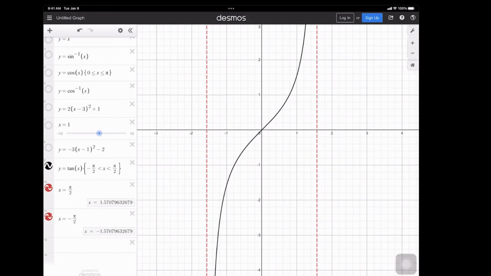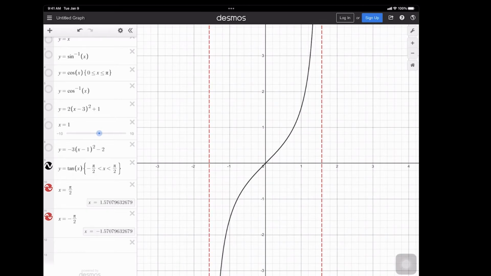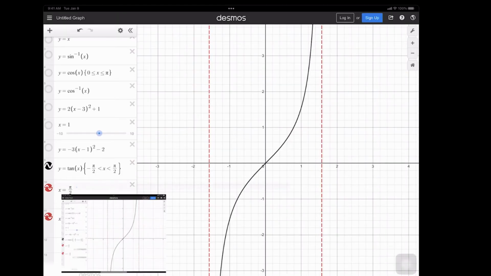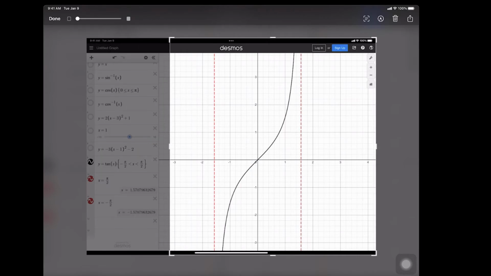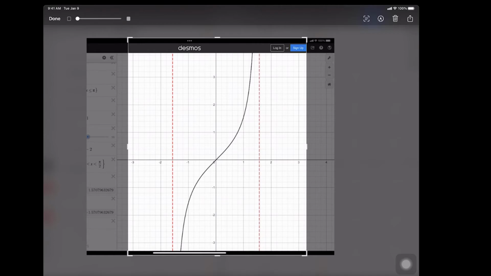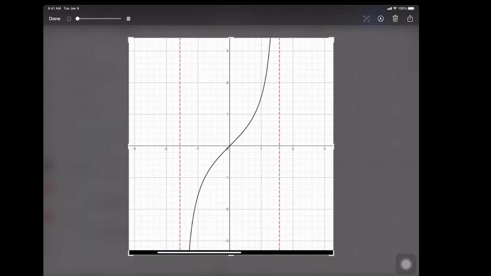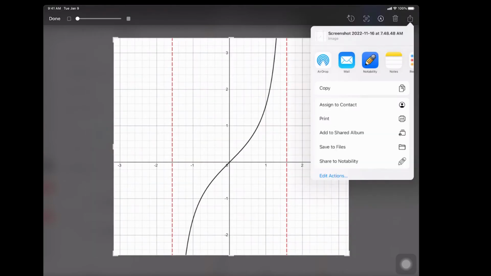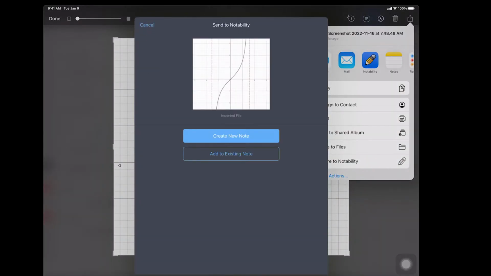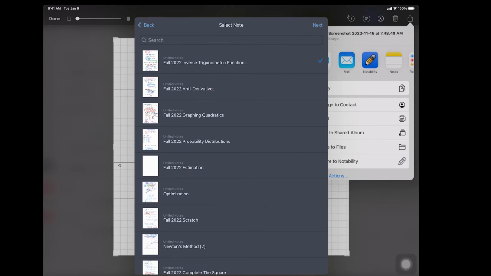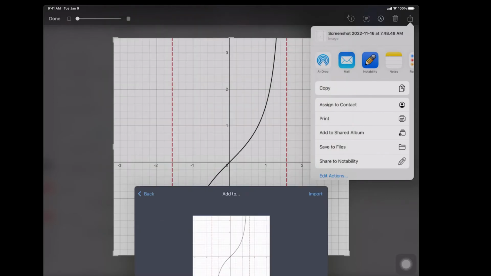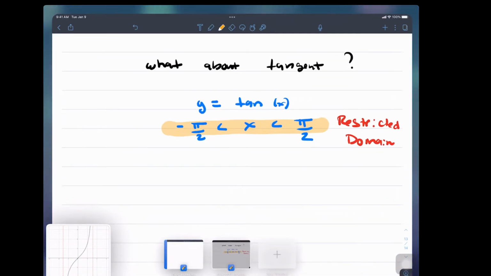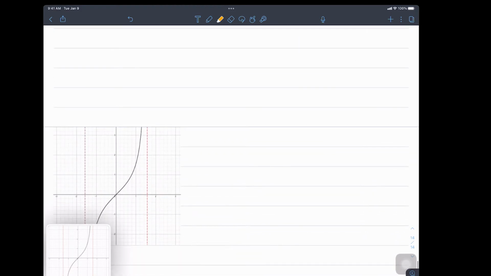So I'm going to look at these kind of details. I'm going to try to do what I did yesterday. Oh, here we go.